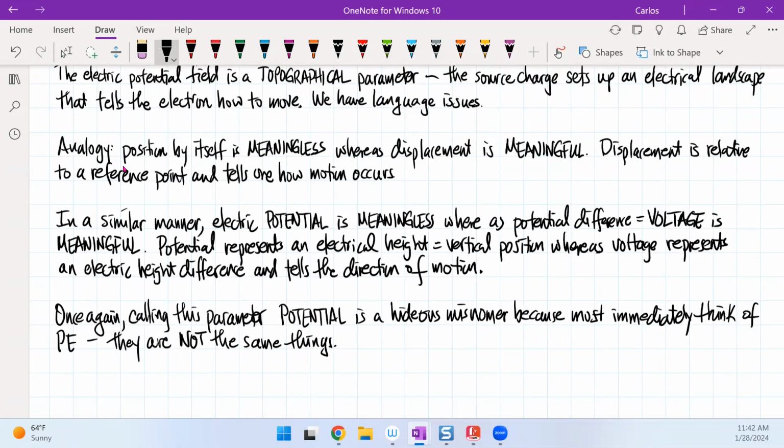So when I teach Physics 4B, I mold my students to not call it potential, but think of it as a topographical parameter. So in other words, we don't start by using the word potential.